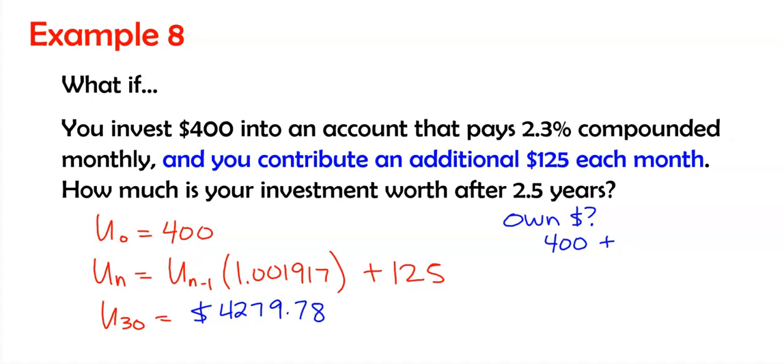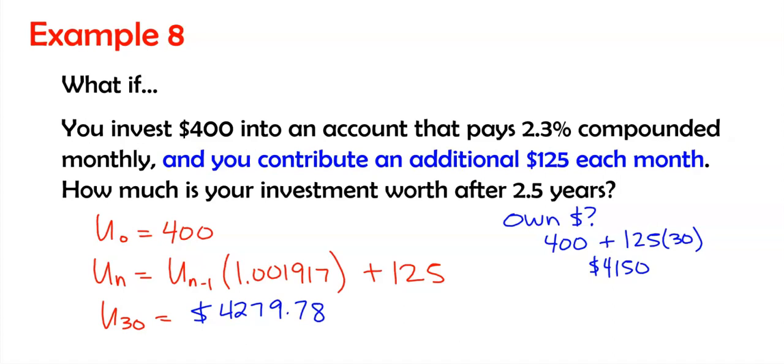Month 1 all the way through 30. So we did 125 times 30. I'm just going to grab a calculator on the side here: 125 times 30 plus 400. So we actually added $4,150 of our own money.